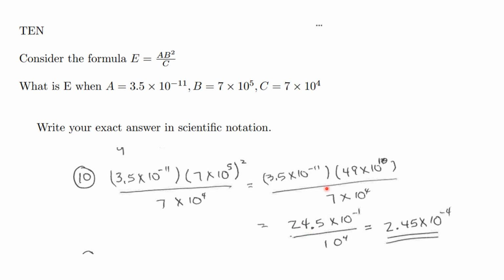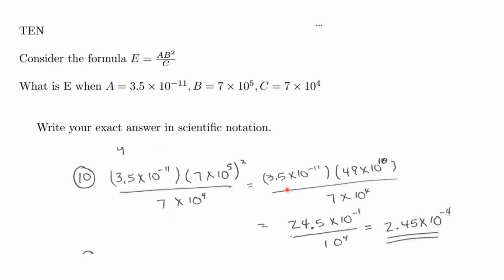Here you had a formula. You were supposed to substitute these values in, and so that's what I did here. So this is 3.5 times 10 to the minus 11 times 7 times 10 to the 5, whole thing squared, all divided by 7 times 10 to the 4th.